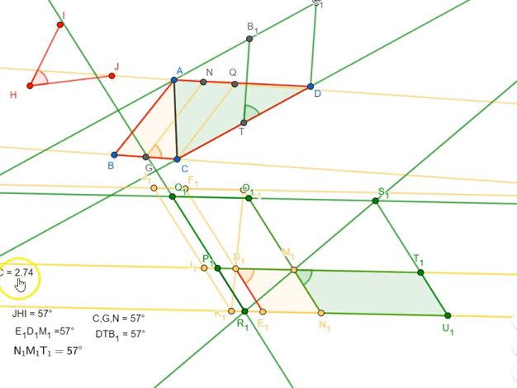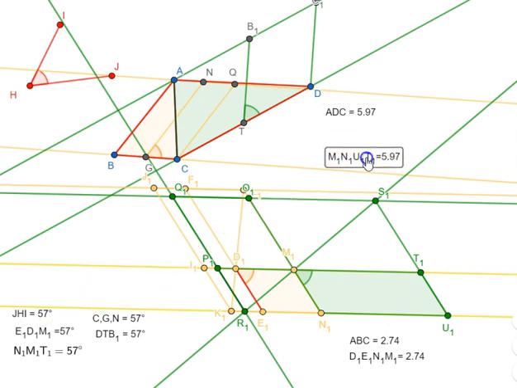Now look, the area of the triangle ABC is 2.74. I said that the area of this parallelogram will be 2.74. D1 E1 is also 2.74. Area of ADC, this triangle, is 5.97.